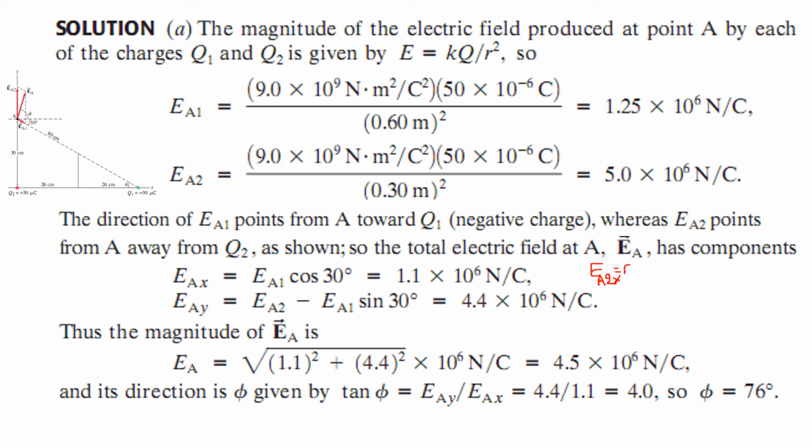This is equal to magnitude of this electric field on point A due to charge 2 times the cosine of 90 degrees. Why cosine of 90 degrees? It's because this electric field is along a y-axis, and we know that y-axis makes an angle of 90 degrees with x-axis, and then cosine of 90 degrees is equal to 0. 0 times any number gives 0.